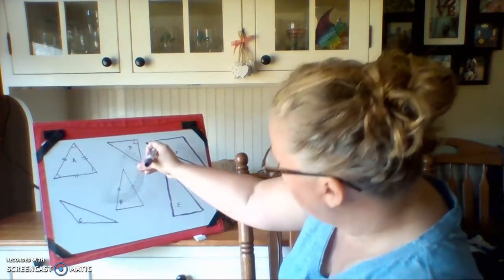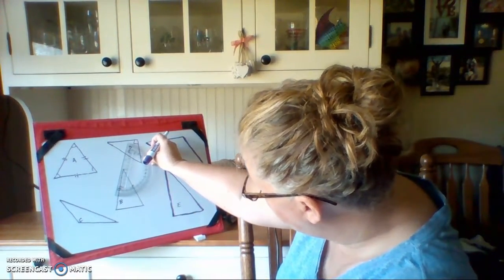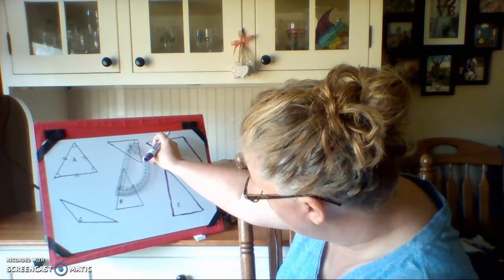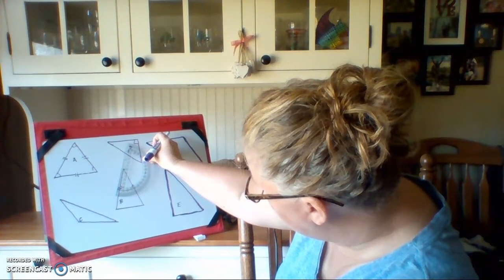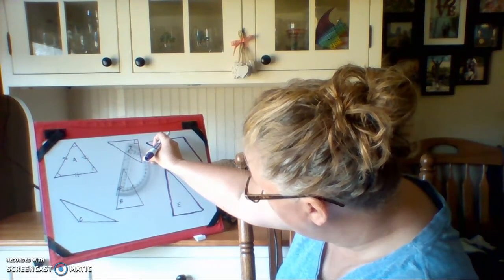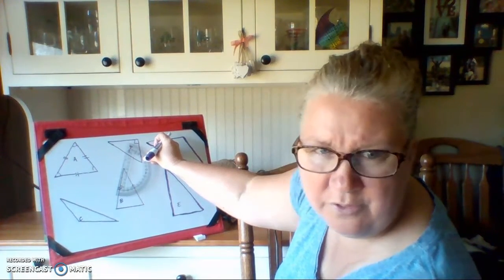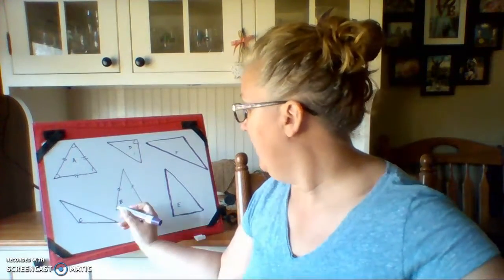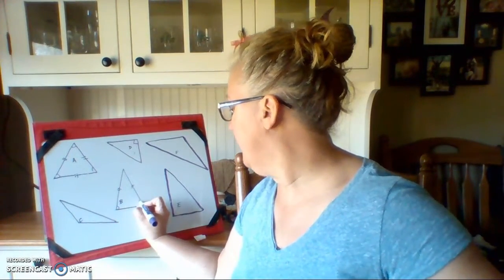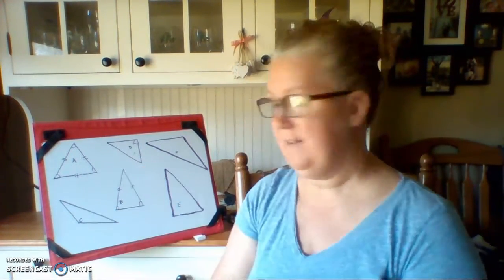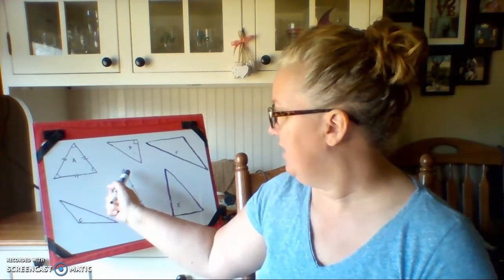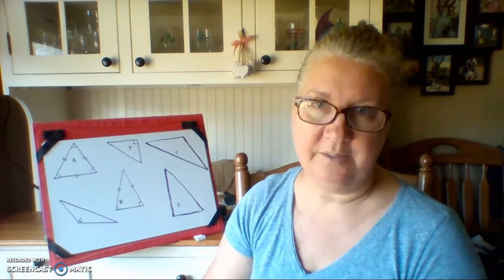And then if I do this angle up here, I get an angle measure of about 30 degrees. So I have 2 angles that match down in these corners, and then 1 that doesn't. So an isosceles triangle has 2 equal angles and 1 that is smaller.